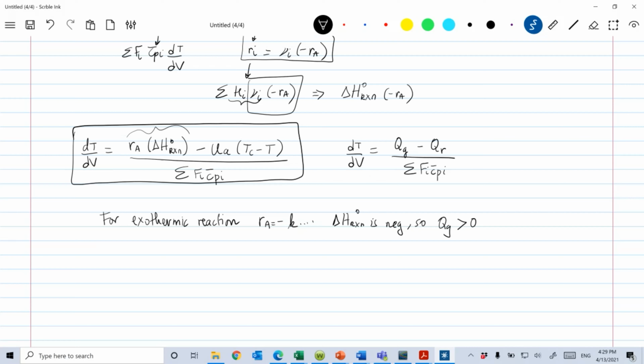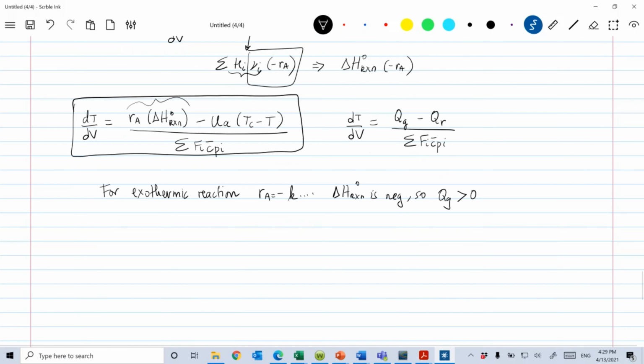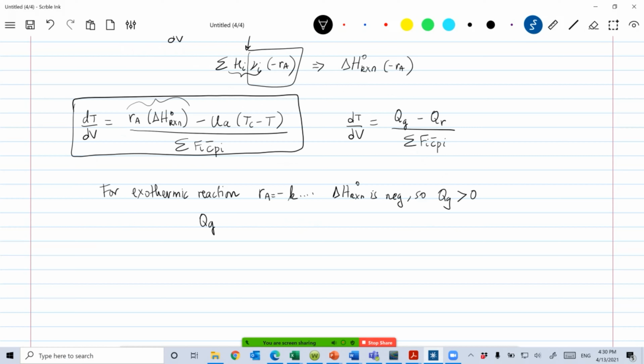Let's see what we have. Yep. So what you end up having is that your generated term is higher than your cooling term.